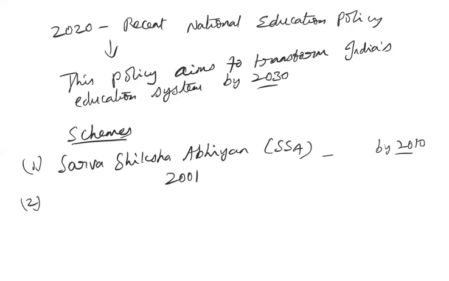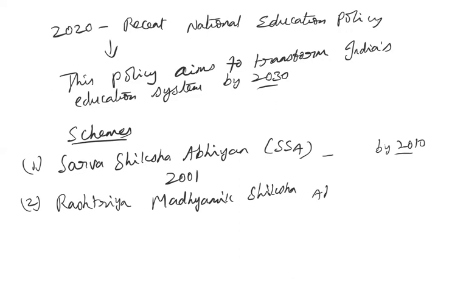And another one is the Rashtriya Madhyamik Shiksha Abhiyan. So this one was in 2009. So this is to provide accessibility to quality secondary education. Okay, this is the another one.